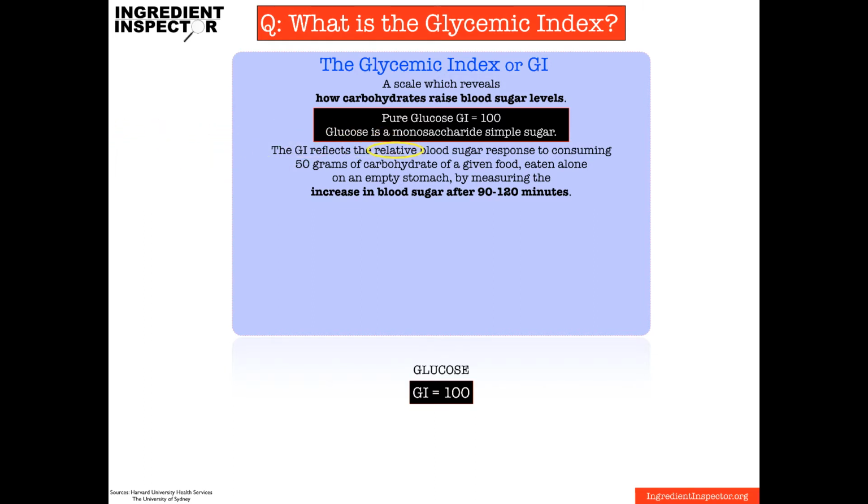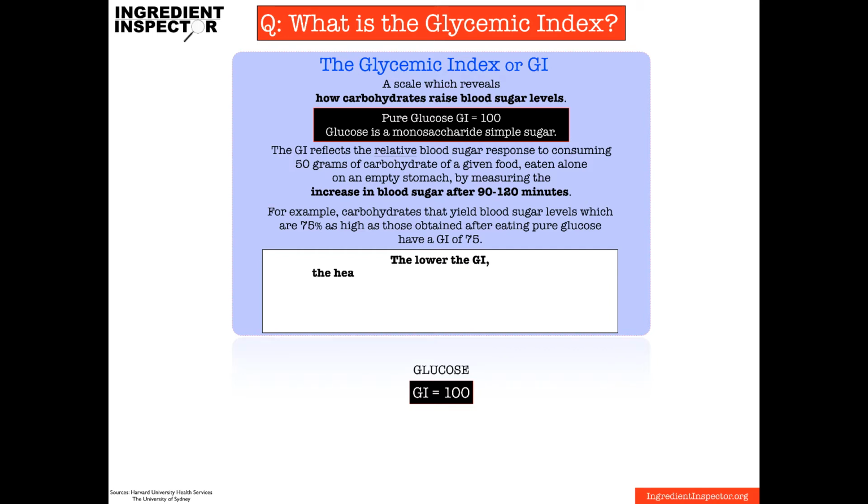The key point here is that it's relative, all relative to glucose. That's what an index is, showing things relative to something else, and in this case, the standard of glucose at 100. So for example, carbohydrates that yield blood sugar levels which are 75% as high as those obtained after eating pure glucose have a GI of 75.